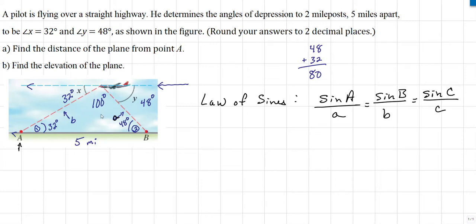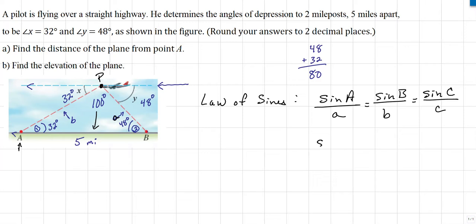We're going to call this point P up here. So I know angle P is 100 degrees, and the side opposite is 5 miles.